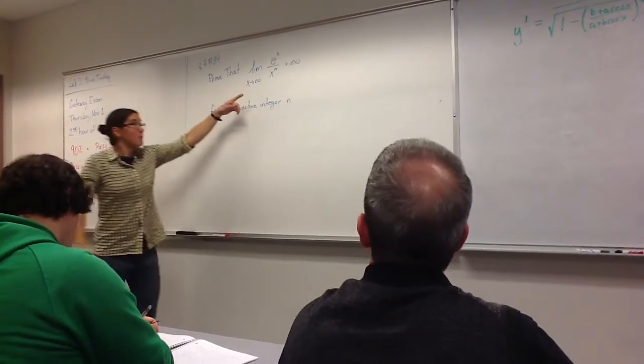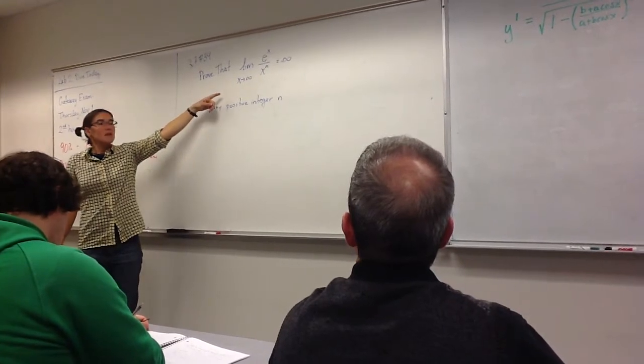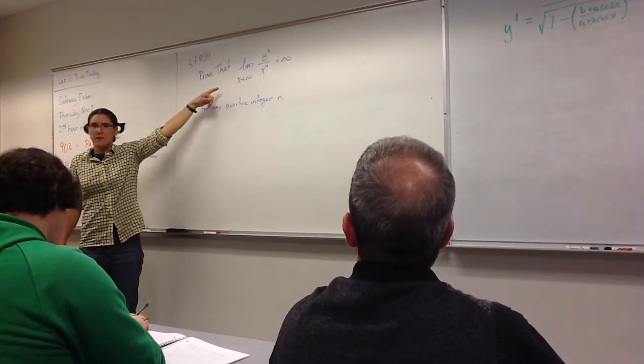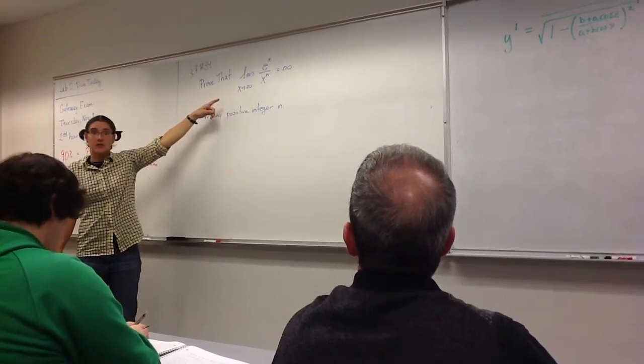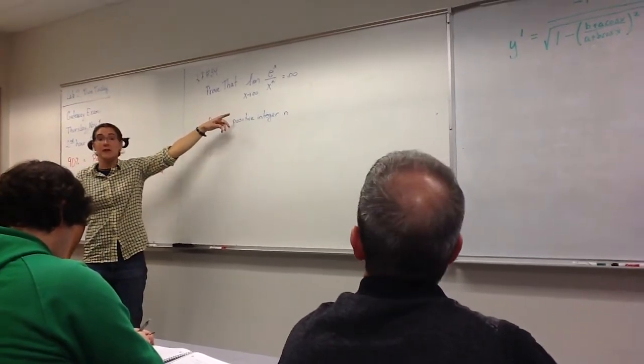All right, now the point of this problem is that they're really giving you 5,275 problems all in one and asking you to explain why all of the answers to all of those problems are equal to infinity.